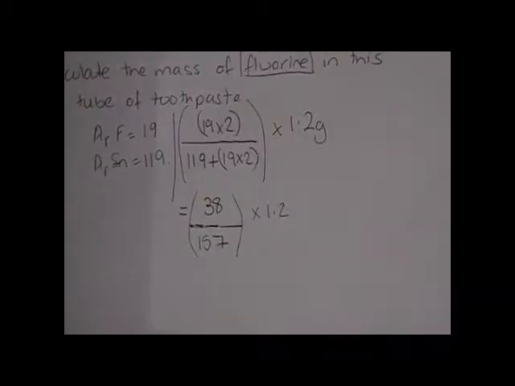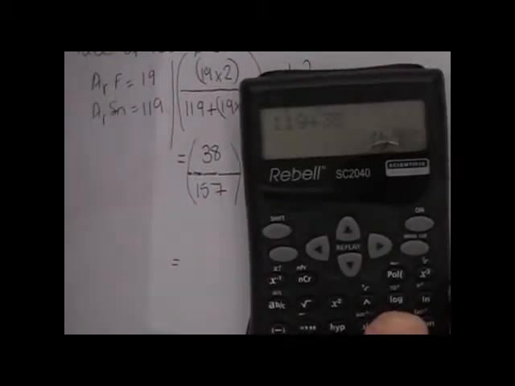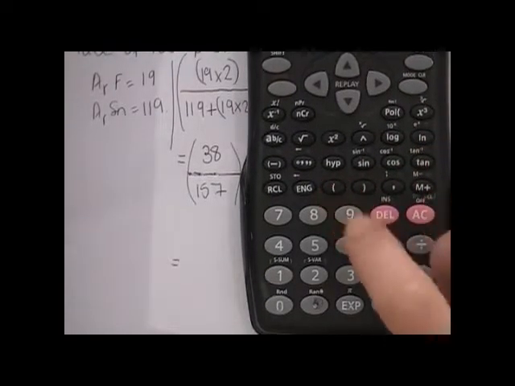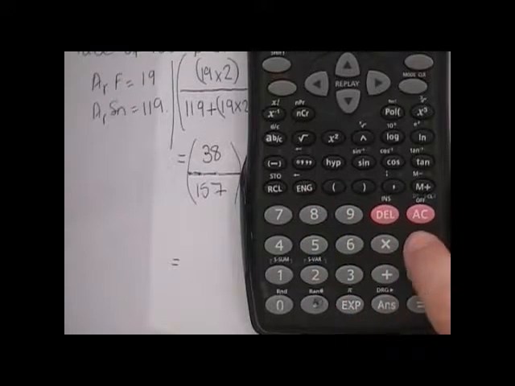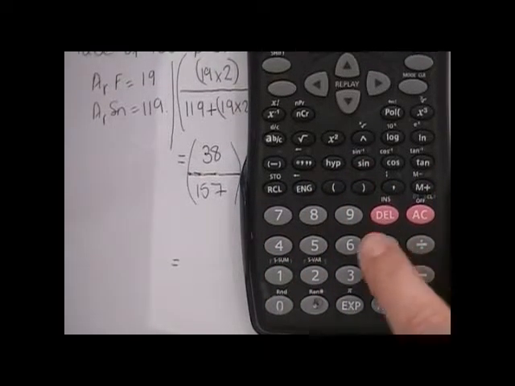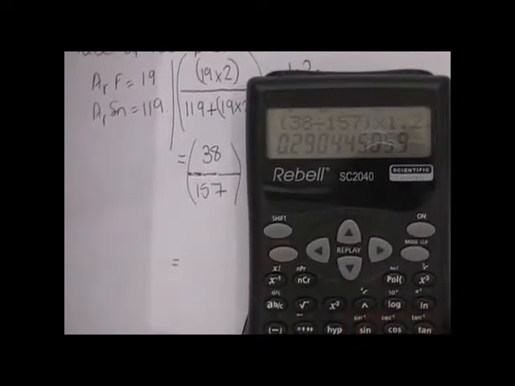At this stage, now you can do all of that in the calculator by using your brackets. So here we go. Bracket 38 divided by 157 end bracket times 1.2 equals, and my answer there is 0.29.